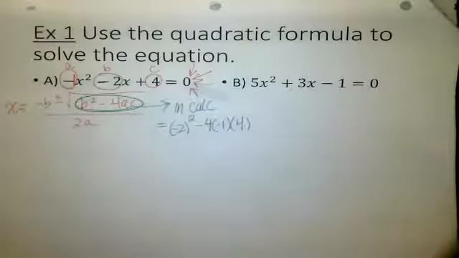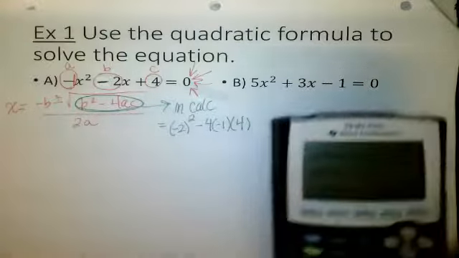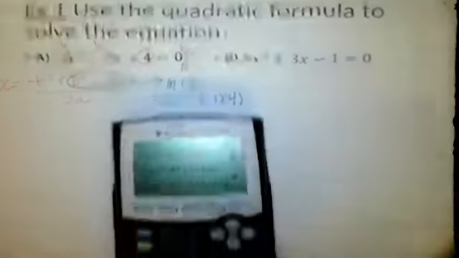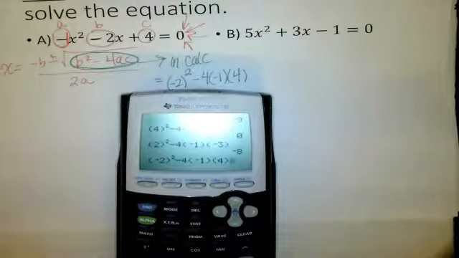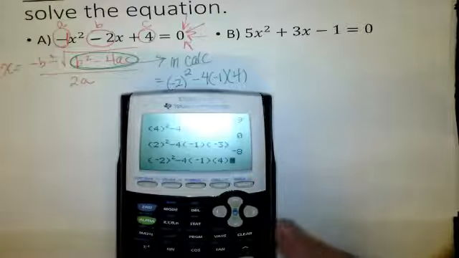So in your calculator, right now, you're plugging in with parentheses, -2, quantity squared, -4 times -1 times 4. And if you plug it in using your calculator correctly, if you're using parentheses, you'll get it right every time. If you don't use parentheses, you will get it wrong most of the time. Okay? So use the parentheses.